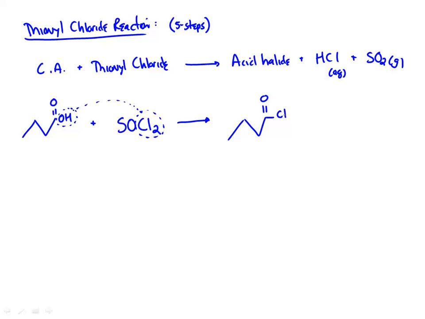So acid halide, kind of like alkyl halide. The halide part is saying that I have a chlorine, bromine, fluorine, or iodine somewhere on the molecule. In this case, it replaces that oxygen group. And then I get the plus HCl plus SO2 gas.